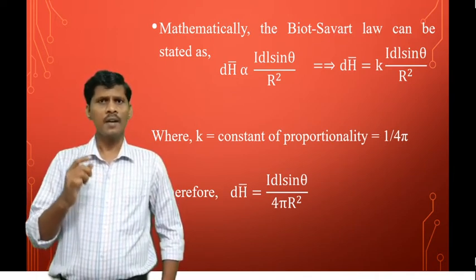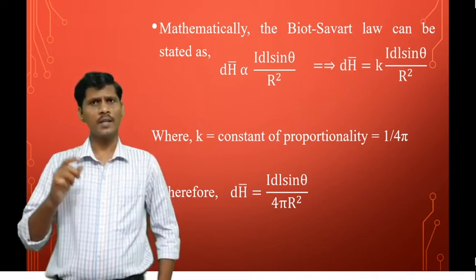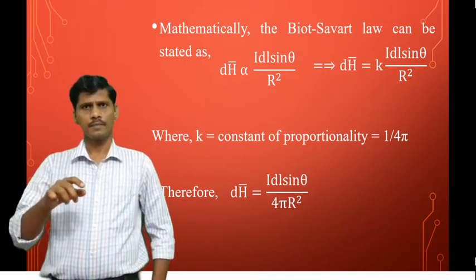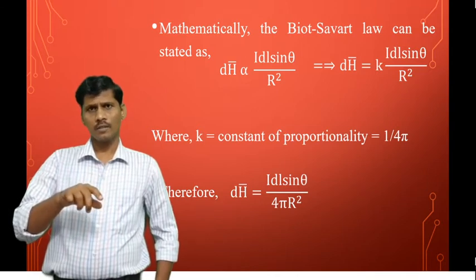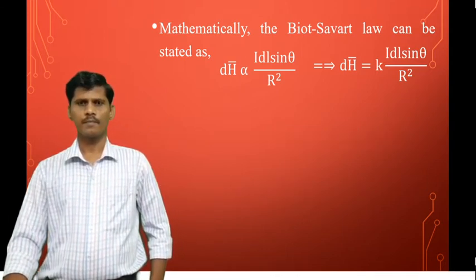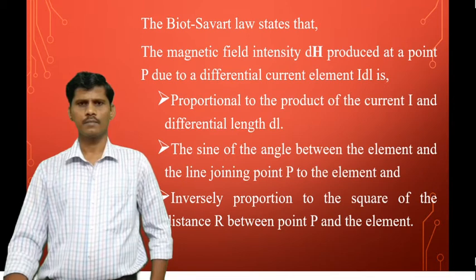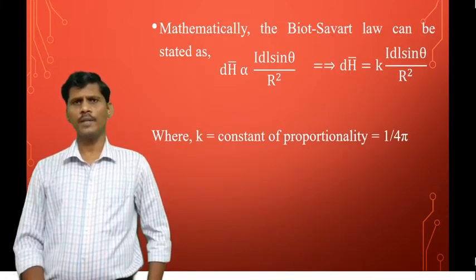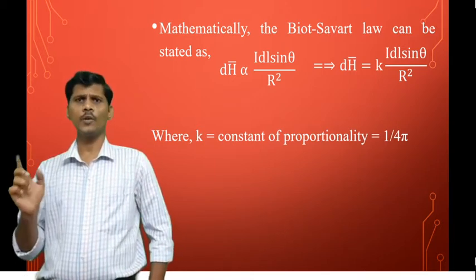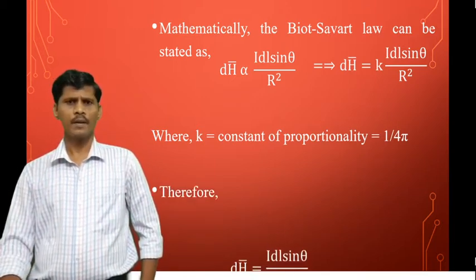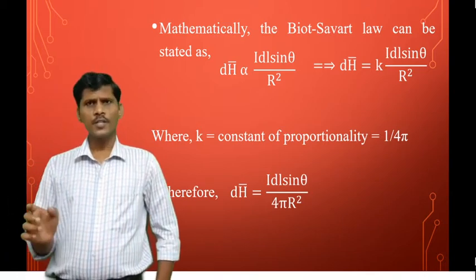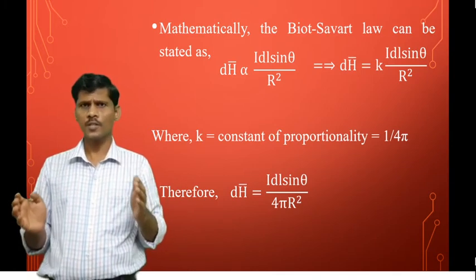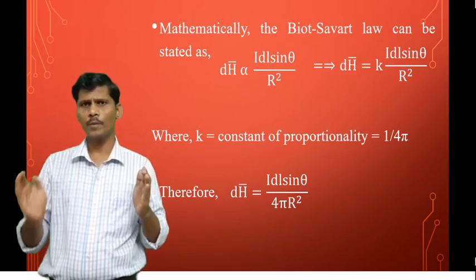Theta is the angle between the elementary length and the line joining point P, and r is the distance from the elementary length to point P.